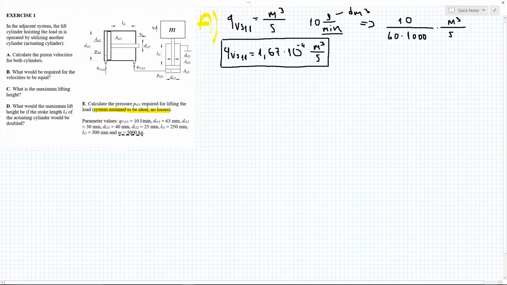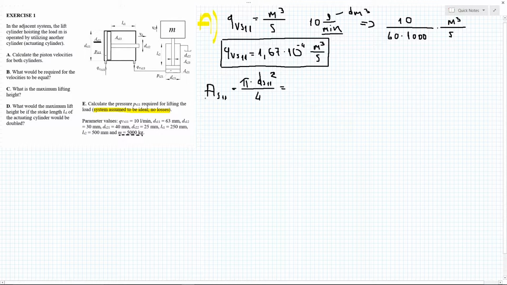The second thing we have to do is calculate this area. We don't have the area of the front of the piston. So the area of the circle is calculated by pi times the diameter of the circle, which we have squared, divided by 4.